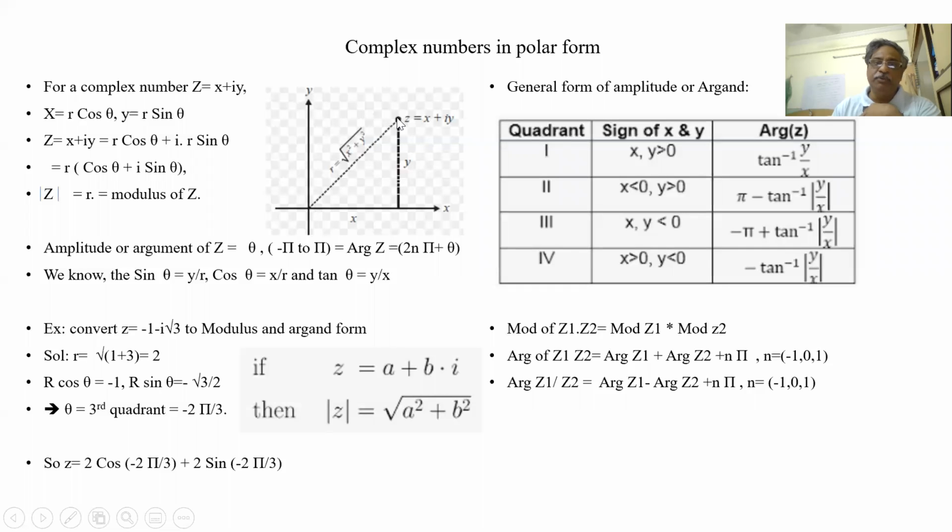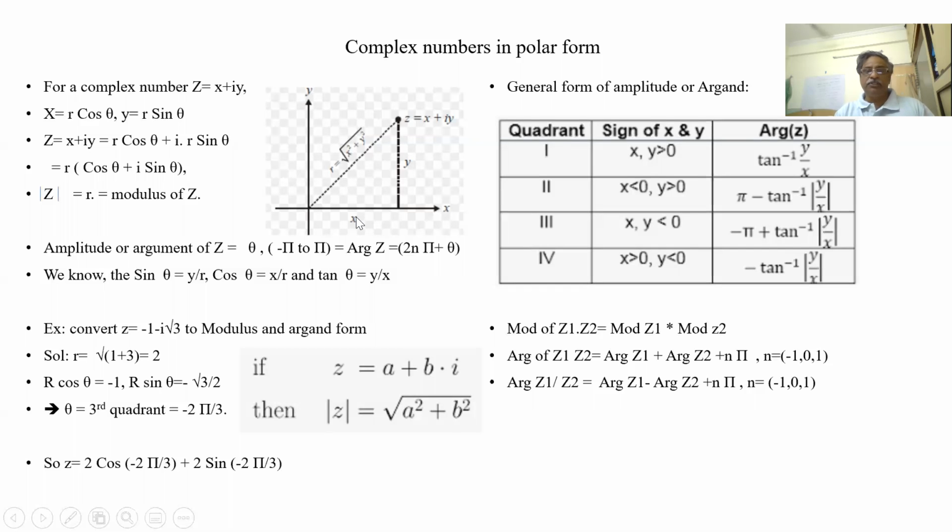This is the distance of the point from the origin, and theta is the angle the ray makes with the x-axis in the anti-clockwise direction. So this r we call modulus of z. What is r? We know Pythagoras, x square plus y square is r square. So r is root of x square plus y square. This is the modulus of this complex number.